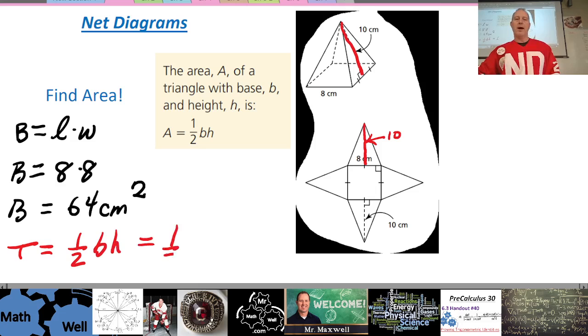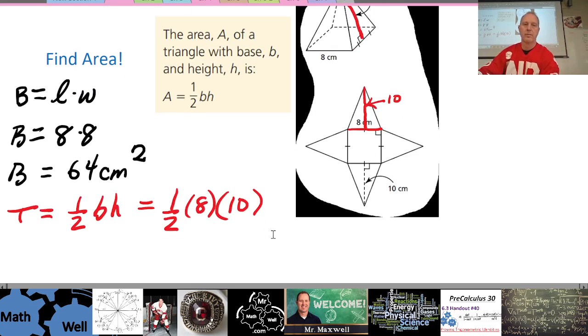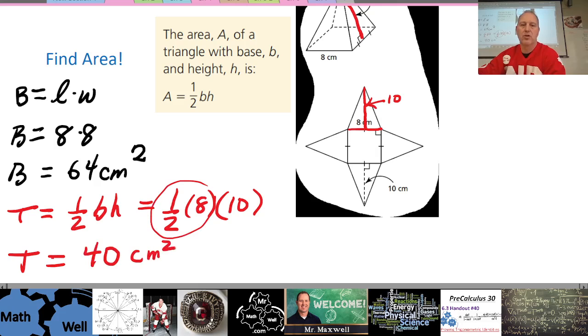So I'm going to go 1/2 times the base, the bottom of this, which is 8, and the height is 10. Right? So the area of each triangle is going to be, what's 1/2 times 8? That's 4, times 10 is 40. And that's going to be centimeters squared as well.